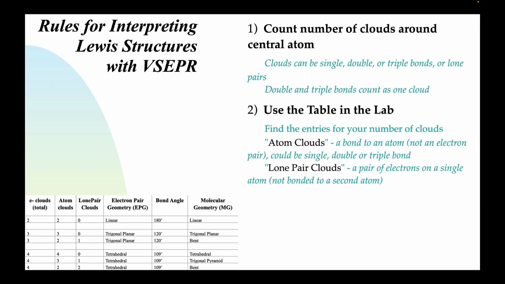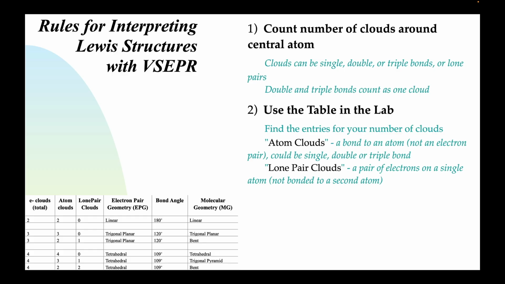Now, in the lab itself, you have the table, which is shown there in the lower left. It shows on the far left side the number of total electron clouds. And then you need to know how many clouds are connected to atoms, i.e. atom clouds, and how many clouds are connected to just one single atom, which are called lone pair clouds.